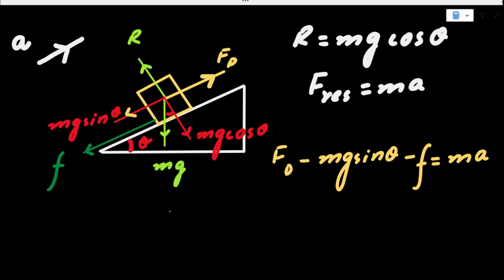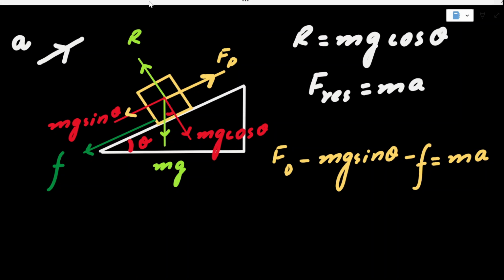You'll see in that chapter we will be having these kind of questions. How much work has to be done by the person to push it up the slope, or what is the power produced, and these kind of situations. So this is the last case of the inclined plane.